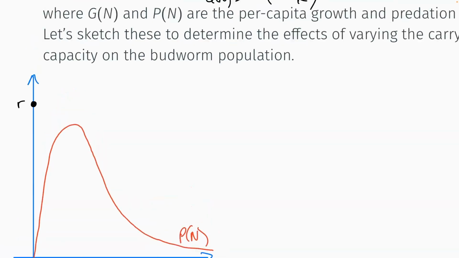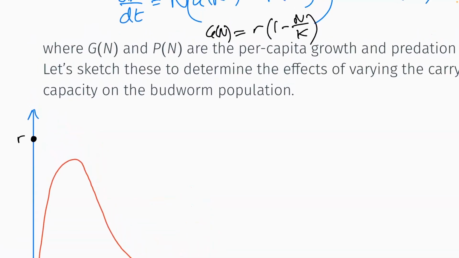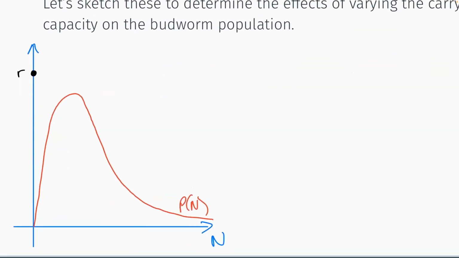And then can anyone tell me at what value of n this capital G of n intercepts the horizontal axis? When is capital G of n equal to 0? K. Exactly, when n is equal to K. So suppose, for example, our K is here, and we're just going to have a straight line that looks like this. And this is my capital G of n.